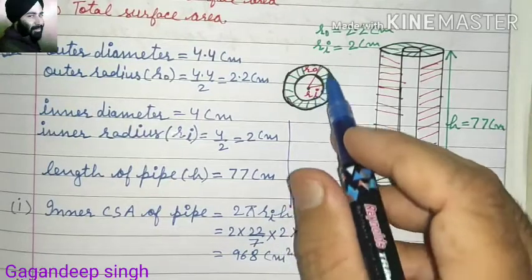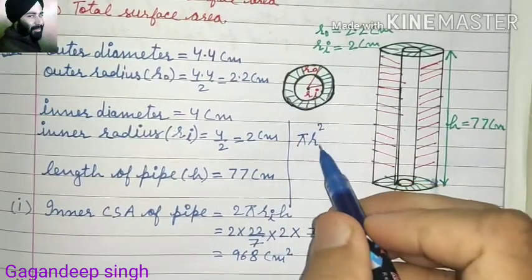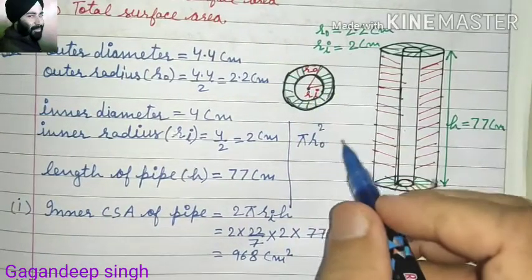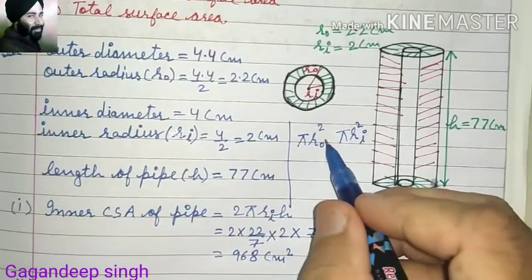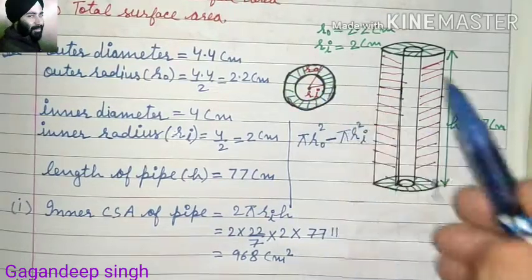So area of ring: the outer circle, its area is pi r square, radius will be outer, and the area of the inner circle is pi r square, radius will be inner. Its subtraction will represent this shaded area.